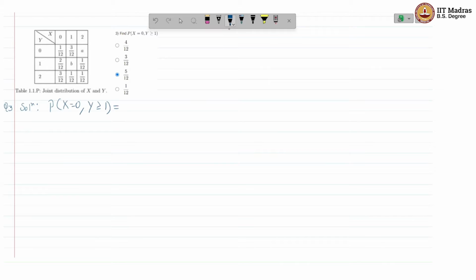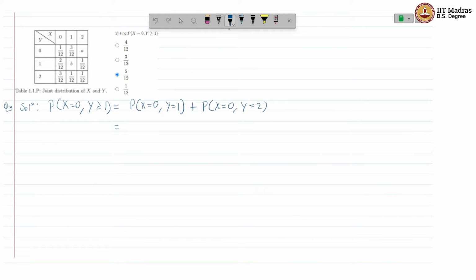There are only two pairs which will satisfy this condition, and so the probability that x is equal to 0 and y is greater than or equal to 1 will be equal to probability x is equal to 0, y is equal to 1 plus probability x is equal to 0 and y is equal to 2.